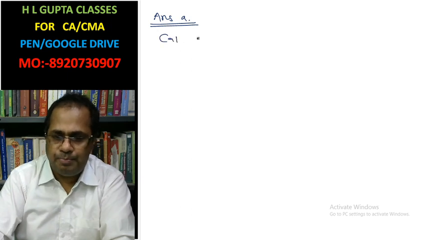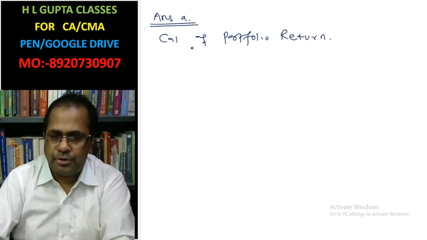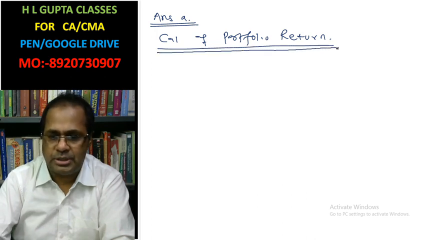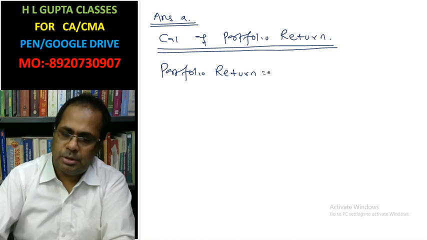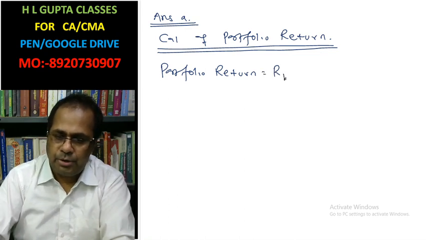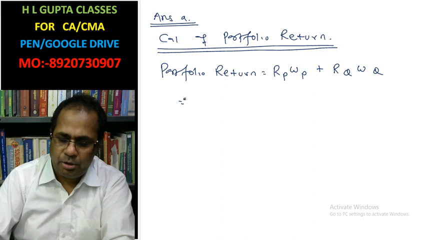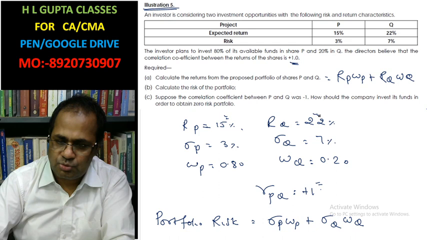Calculation of portfolio return. Please try to understand. Portfolio return equals return of P times weight of P plus return of Q times weight of Q. The return of P is given as 15% and of Q is 22%.